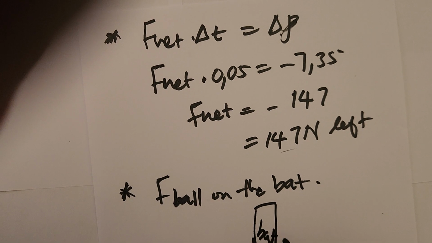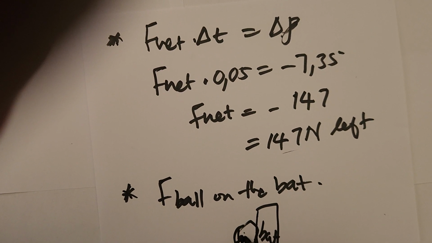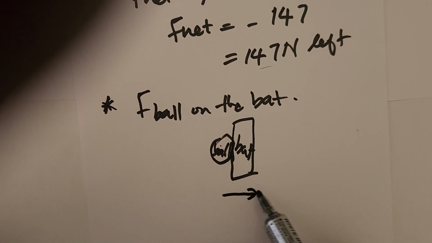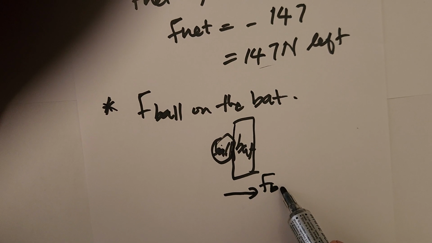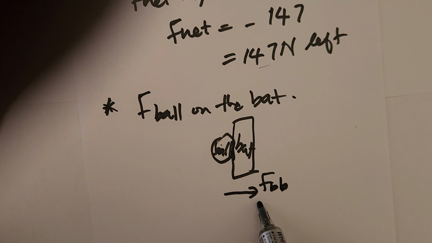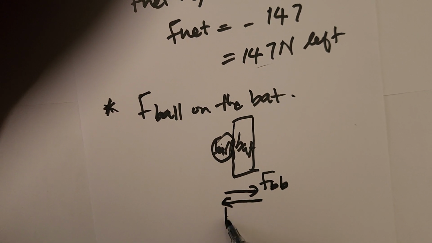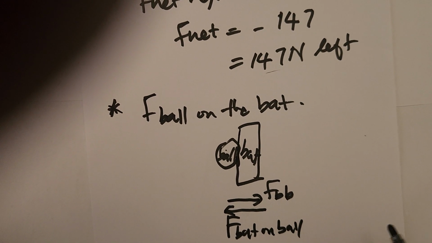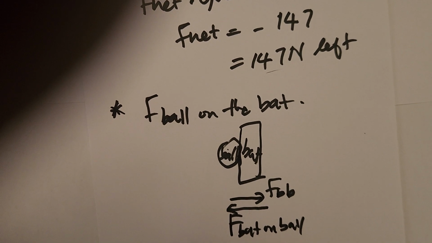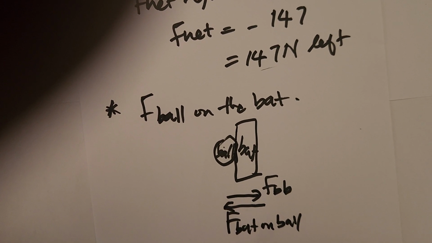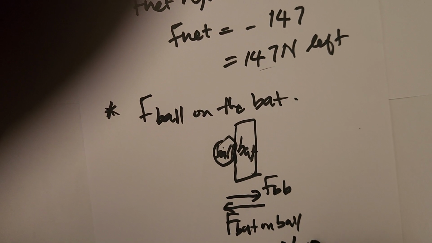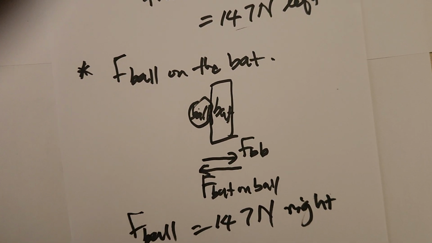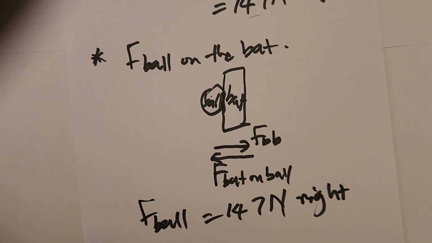If this is the bat and this is the ball, if object A exerts a force on object B, the force of the ball on the bat will be the same as the force of the bat on the ball. So that's Newton 3. Therefore, the two forces will be the same, 147 newtons, but the direction will be to the right. That's Newton 3.